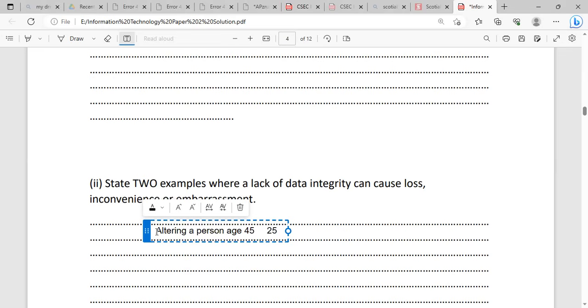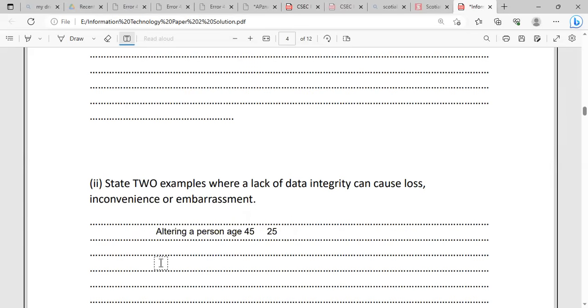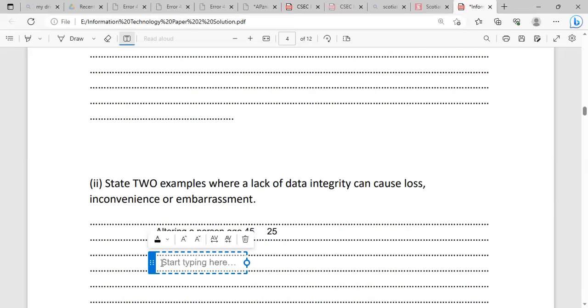So they can enter a wrong value. The next one is we can input the wrong data. And this would be deliberate, right? So you can input or change the data.